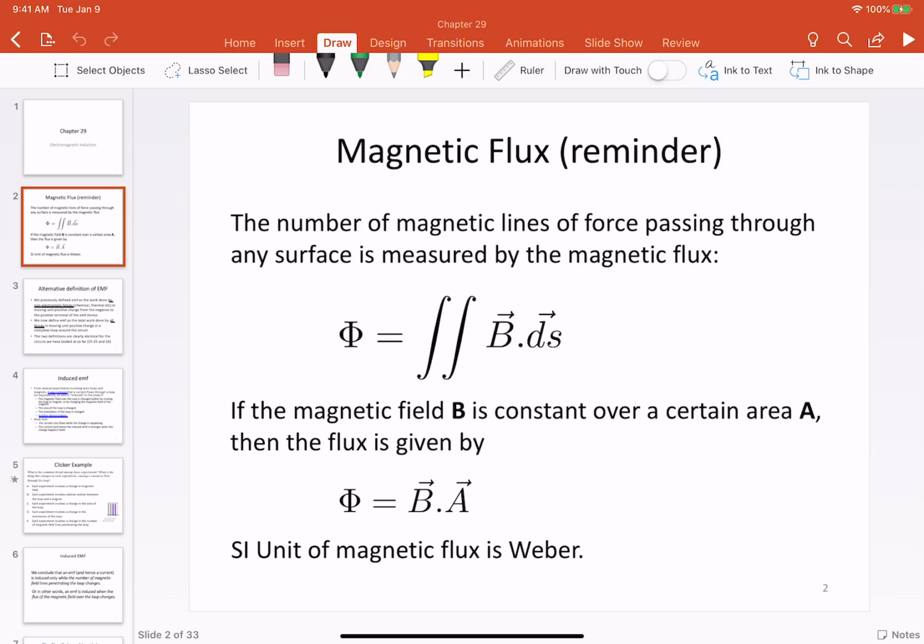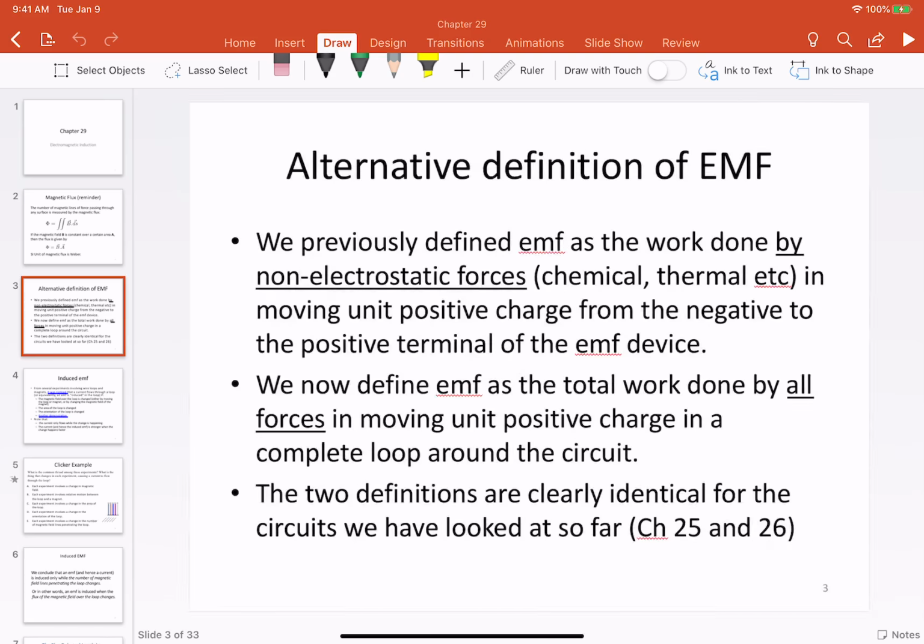And this should be fairly familiar to all of you by now. We have seen it in the case of magnetic fields, electric fields. All right, so that is the magnetic flux, and what it measures is the number of field lines passing through the area.